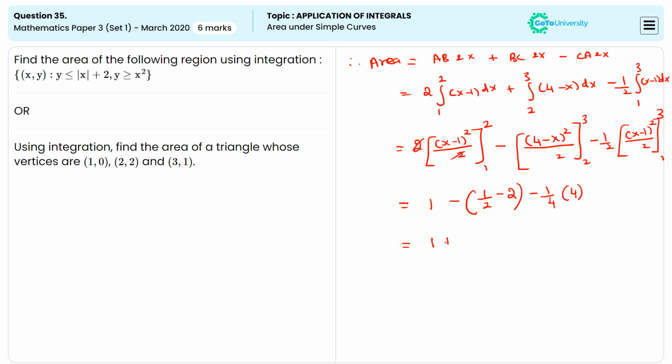Minus of minus is plus, so 1 plus 3 by 2, and we can cancel out 1 and minus 1. Finally, we have 3 by 2 square units. So this is the area of the triangle whose vertices are (1, 0), (2, 2) and (3, 1). The final answer is 3 by 2 square units.